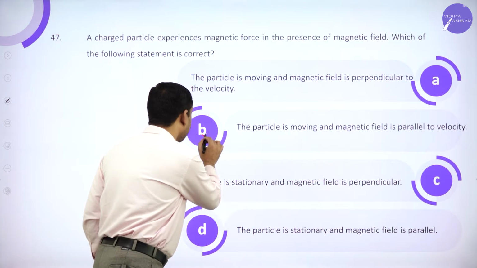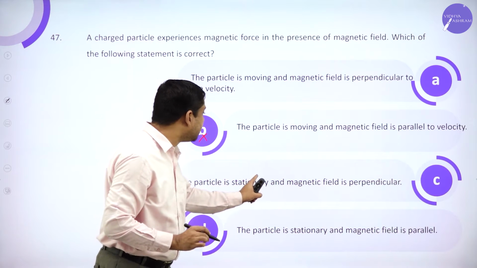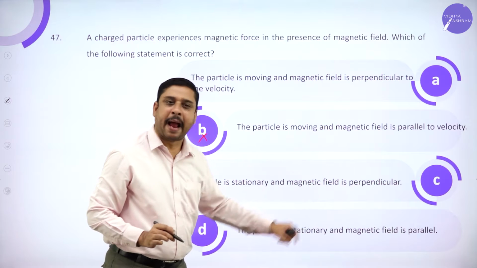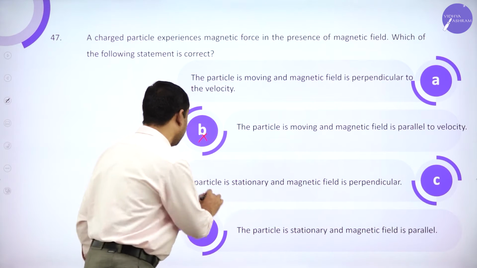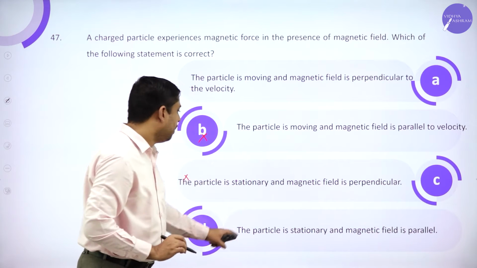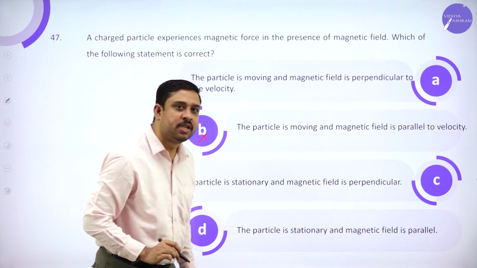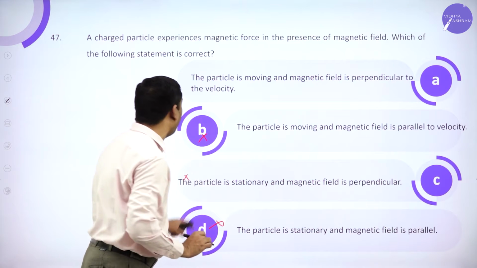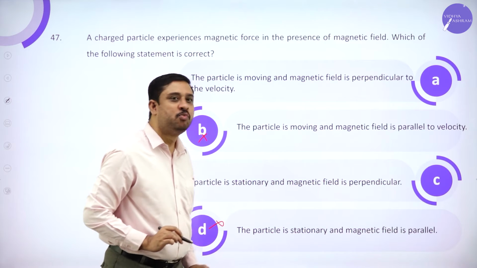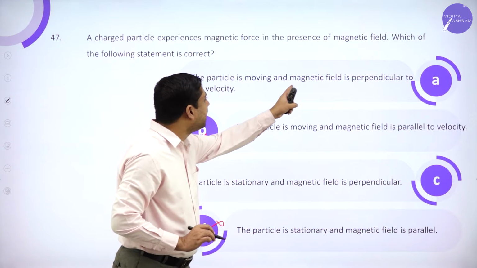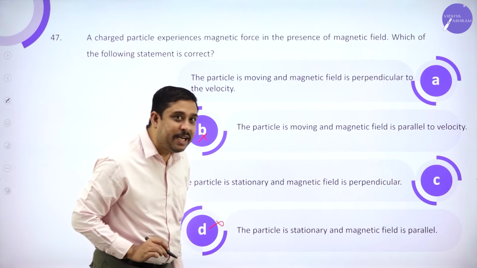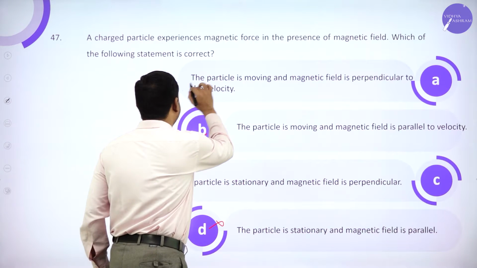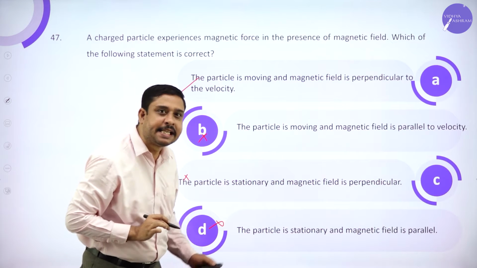No. Particle is stationary and magnetic field is perpendicular. No. Particle is stationary and magnetic field is parallel. Absolutely no. Particle is moving and magnetic field is perpendicular to velocity. This is the correct statement.